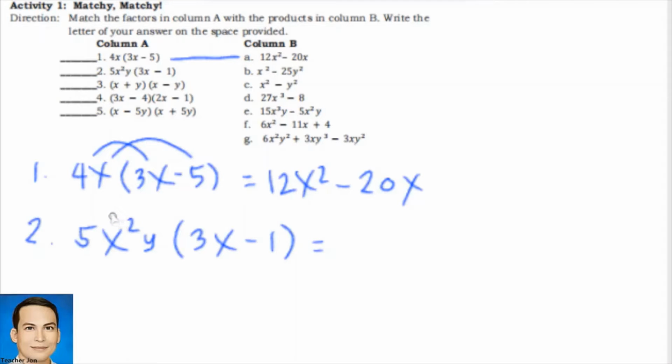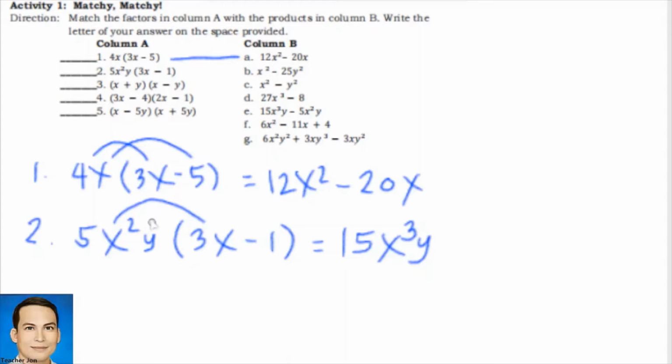We're going to distribute 5x squared y to the binomial 3x minus 1. 5x squared y multiplied to 3x. So 5 times 3, that is 15. Then x squared times x, that becomes x cubed. The exponents are being added based on the law or rules for exponents. And then since we have y here, just put it here.